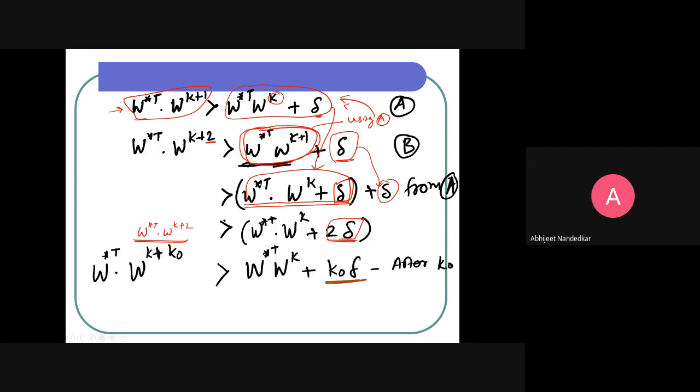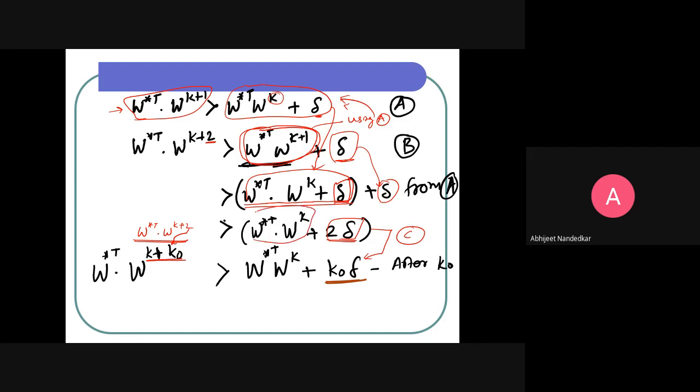Now if I keep on doing this K0 times, doing this step from 2 to K0, what will happen? I can again write in the same way, with the help of equation, suppose C, straight with that.